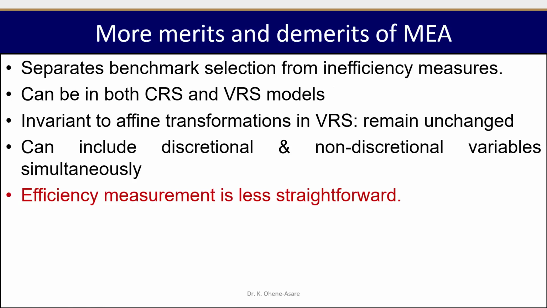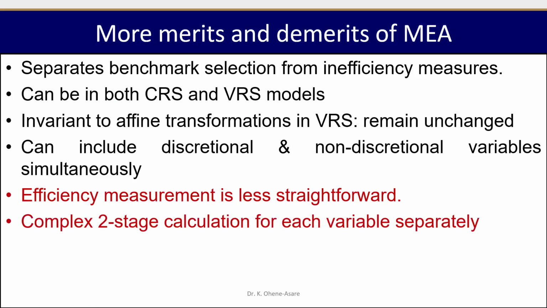But here's the disadvantage. MEA, you're going to see, it's not easy. It's not a straightforward calculation. It is computationally intensive, and that is why a majority of people don't like to use it, even though it's got all these beautiful attributes. It's complex. It is a two-stage process, and that is complex because you have to calculate it for each variable.